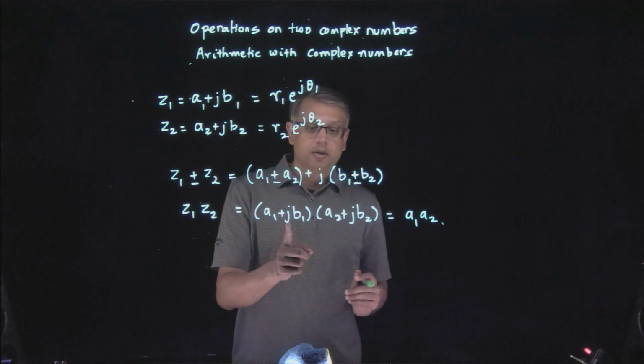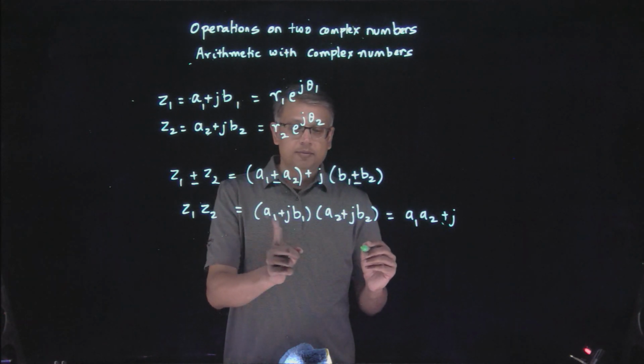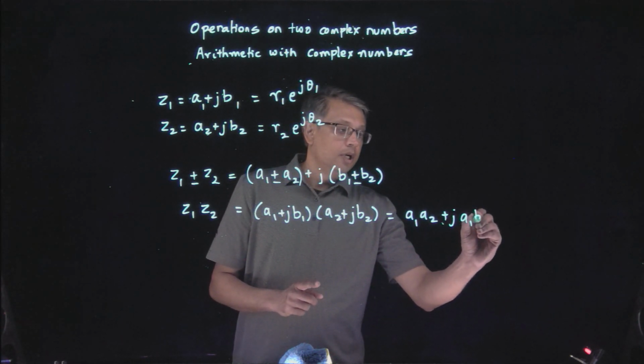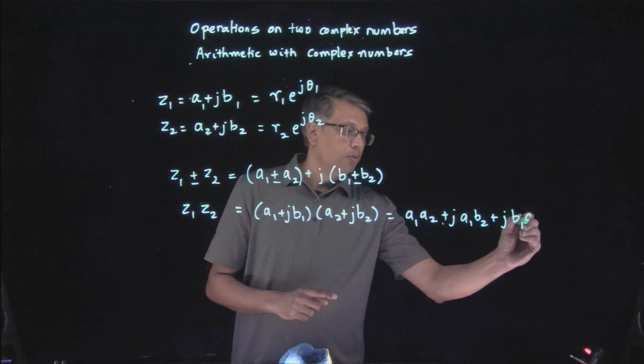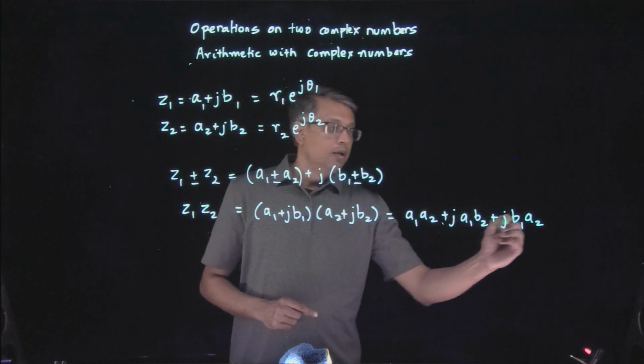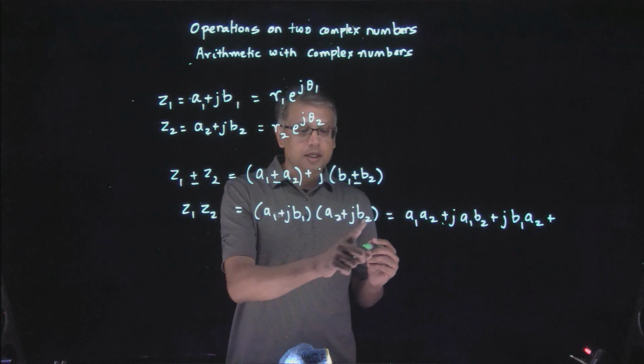You're going to get a1 times a2 plus j times a1 times b2 plus j times b1 times a2 plus j times b1 times j times b2.